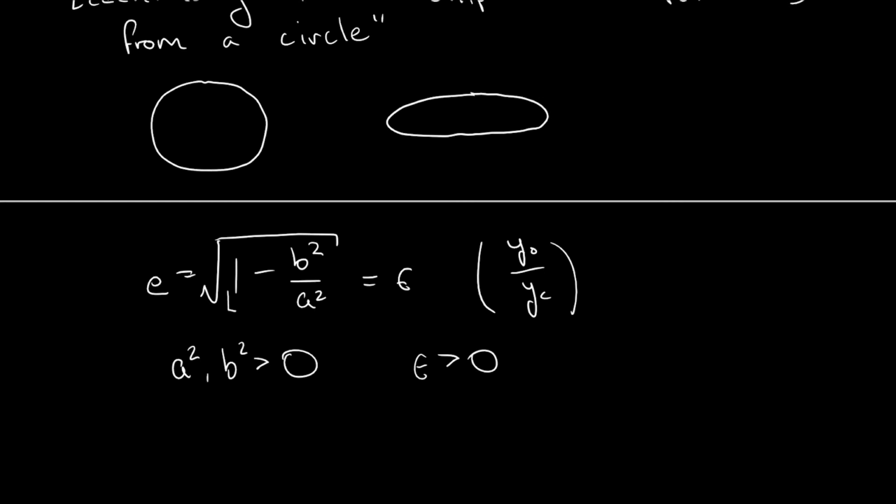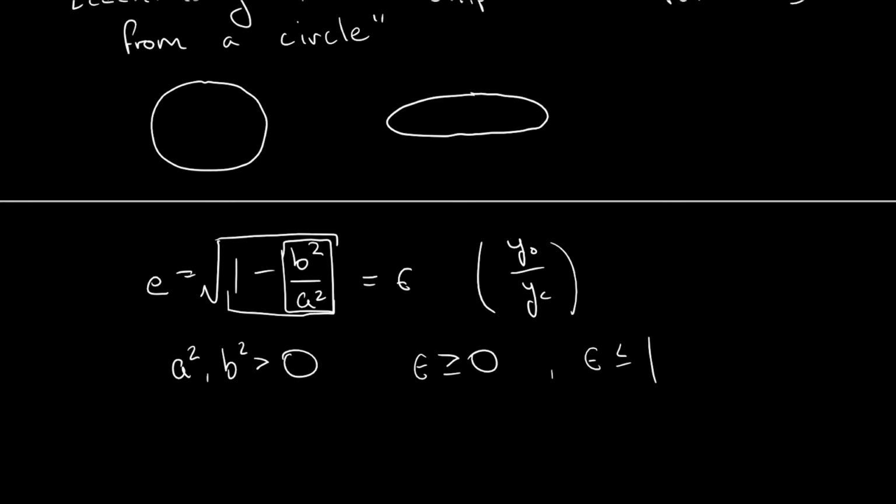We don't want this sum to be negative, otherwise we get an imaginary eccentricity, which doesn't make a whole lot of sense given this interpretation. But we also see that the smallest that this ratio can be is 0. So epsilon can also be less than or equal to 1, as long as a squared or b squared are greater than 0.